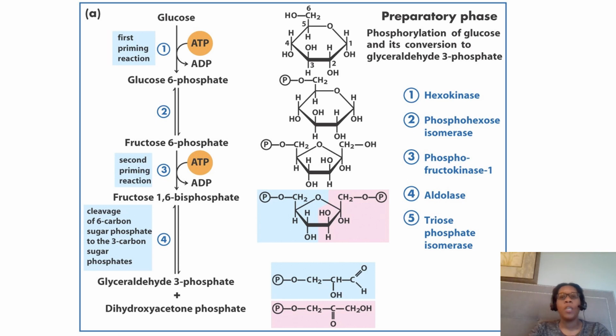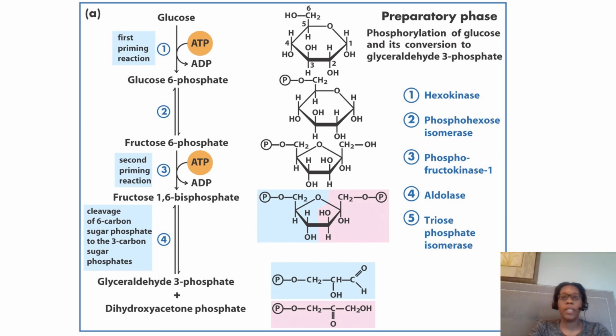All right, so hexokinase. It's a kinase, and kinases generally take a phosphate off of ATP and add it onto a substrate molecule. So hexokinase takes a phosphate from ATP, adds it onto our first reactant glucose, and then we get glucose 6-phosphate and ADP.